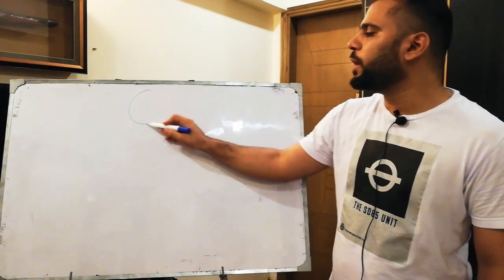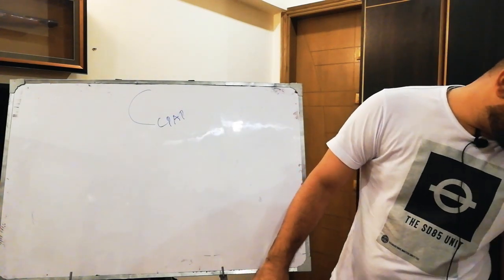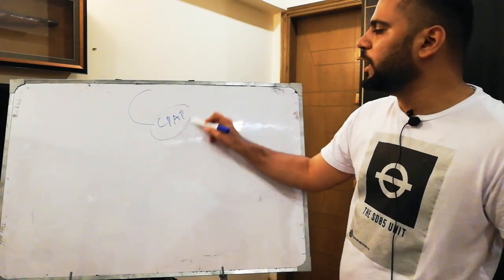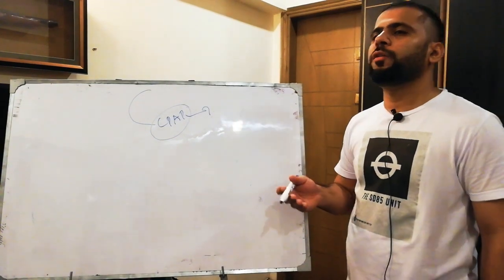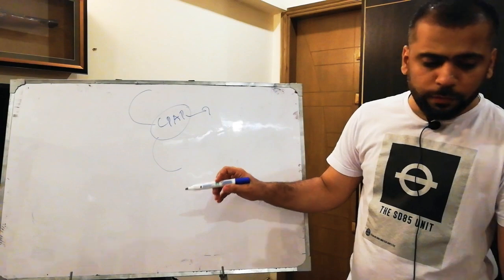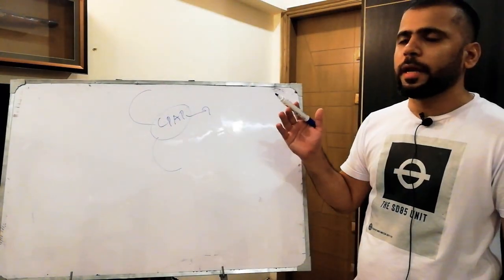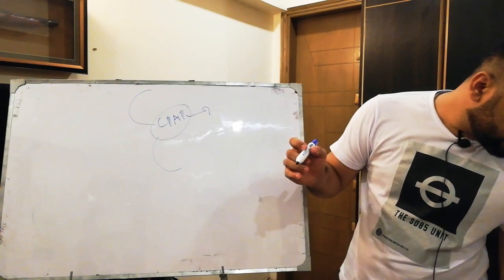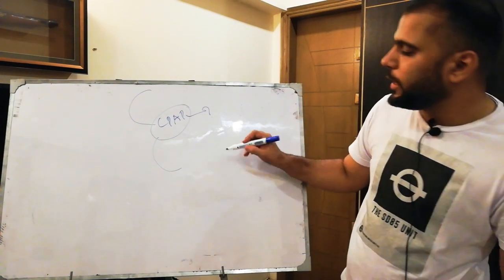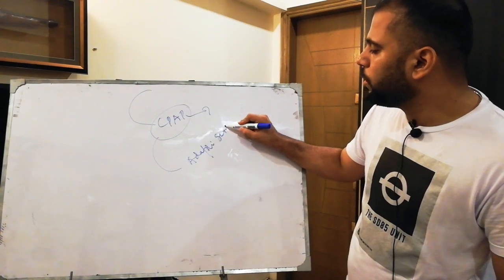Second, you have to advise them CPAP, continuous positive airway pressure, during their sleep. It increases the quality of sleep and the quality of life in those patients. But the one thing which is contraindicated by the American Heart Association is adaptive servo-ventilation.